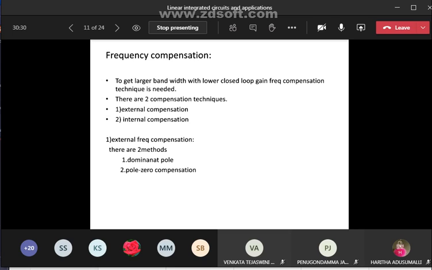Due to these additional break frequencies, we get additional phase shift, and due to this additional phase shift the op-amp becomes oscillatory. That means the system is not stable. So the circuit becomes unstable with more than one break frequency.